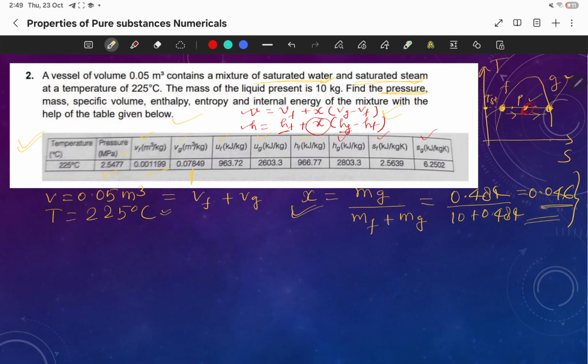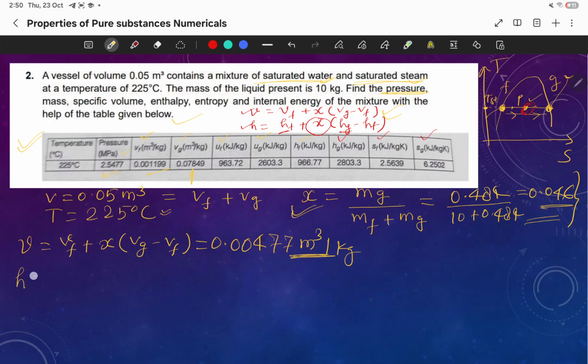Okay, fine. Now if I want to calculate the specific volume, this will be Vf plus x into Vg minus Vf, right? Just put in all the values and we will get the final answer, 0.00477 meter cube per kg. This is the unit for specific volume.